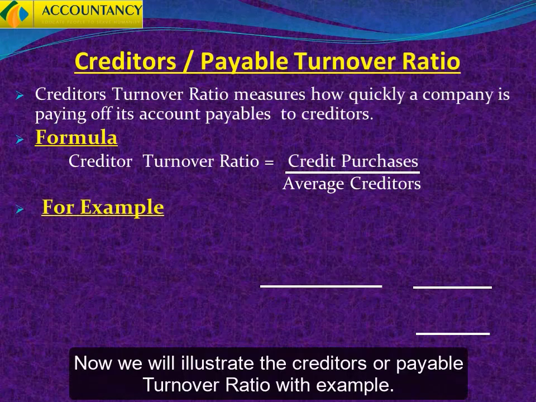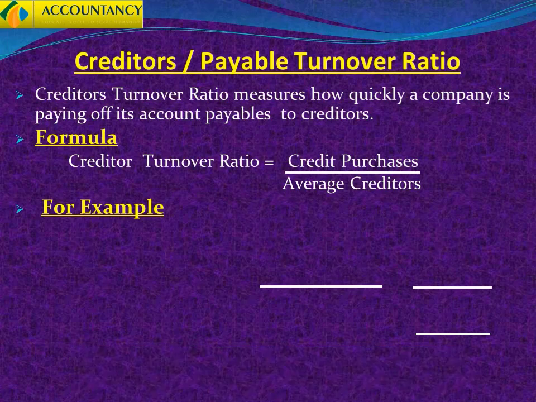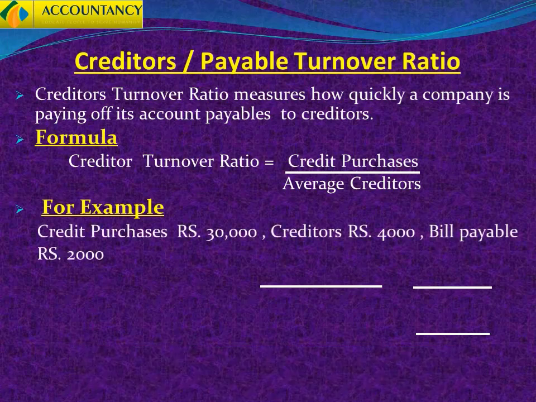Now we will illustrate the creditors or payable turnover ratio with an example. Credit purchases rupees 30,000, creditors rupees 4,000, bills payable rupees 2,000.